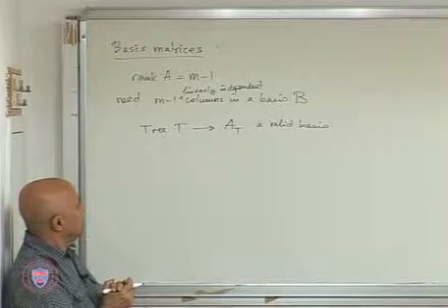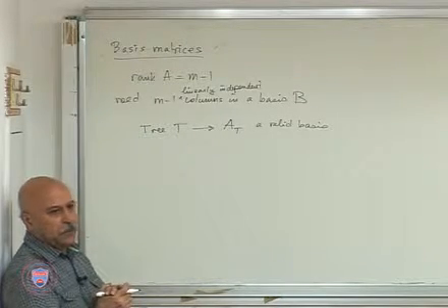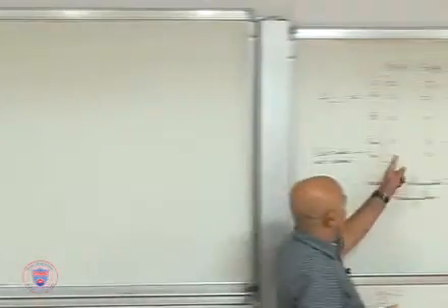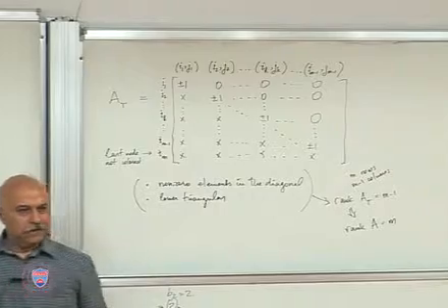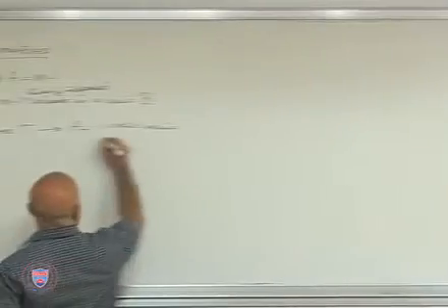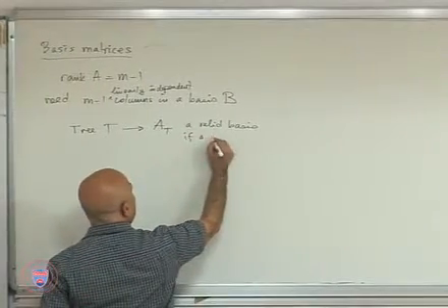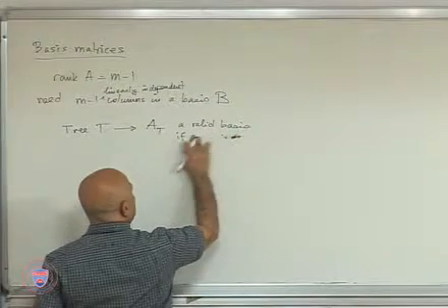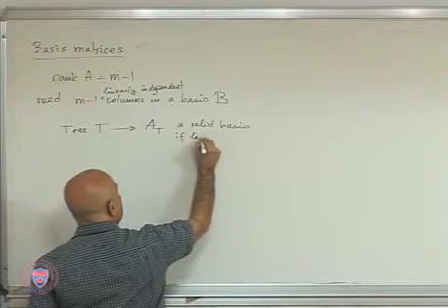Okay? So it would correspond to a valid basis if you drop a row. Which row do you drop? For example, the last row. Okay? If the last row is dropped, for example.